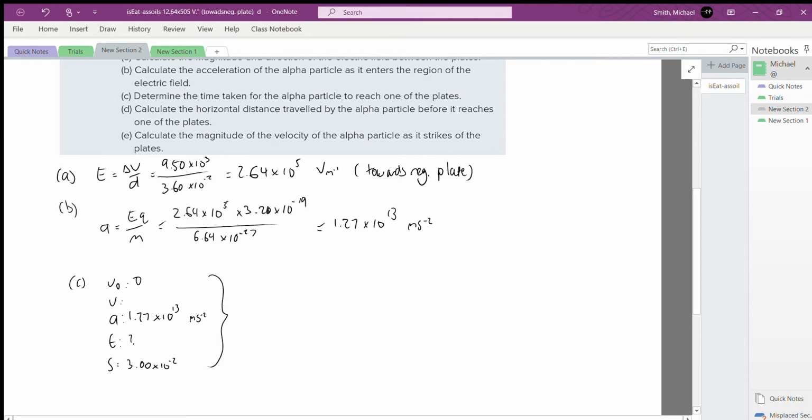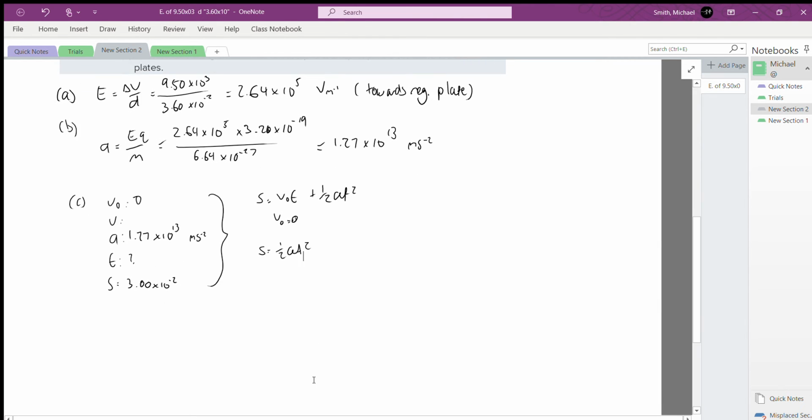And so using all this, we use one of the SUVAT expressions, s equals v naught t plus half at squared. Since v naught is 0, this just becomes s equals half at squared, which we can rearrange easily for t.